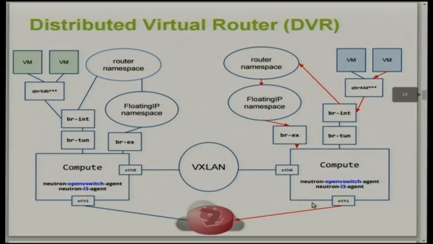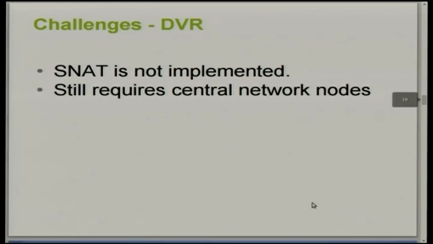And of course, Neutron provides another solution, which is the Distributed Virtual Router (DVR) proposal. Now with this model, routing is pushed down to the compute node, but again, there's still a problem because SNAT is not implemented with DVR yet. I'm sure it's going to be implemented, but people are still discussing how to do that correctly.